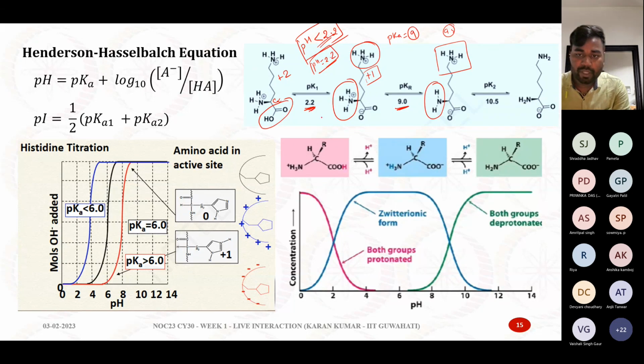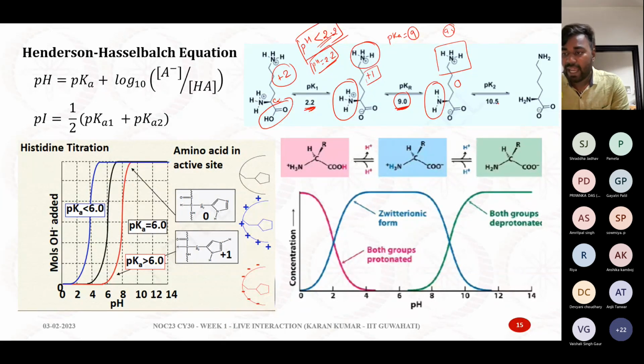So at pH below 2.2, this amino acid will exist in +2 charge. Greater than 2.2, the alpha carboxylic group will lose its proton and the net charge will still be +2. At pH higher than 9, the alpha amino group will lose its proton and then the net charge will be 0, including the side chain.